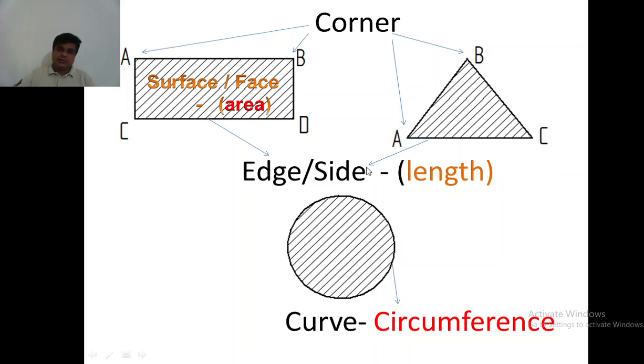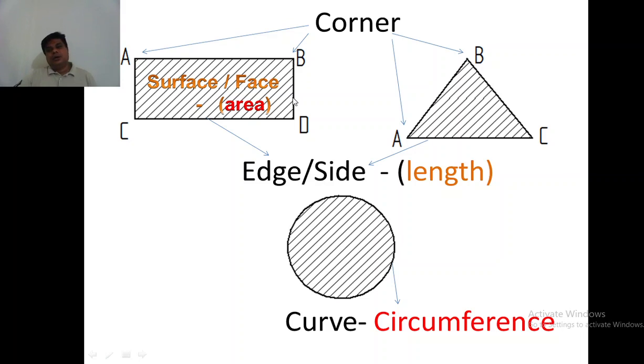Similarly, BC is called an edge or side of a plane. So this is a triangular plane, this is a rectangular plane, this is a circular plane. The boundaries are called edges or sides for the triangular and rectangular planes. Similarly for the pentagon and hexagon, all the planes will be having edges or sides, whereas the circle will be having the curve. It will not be having any edge or side here. It's a point on the curve here.